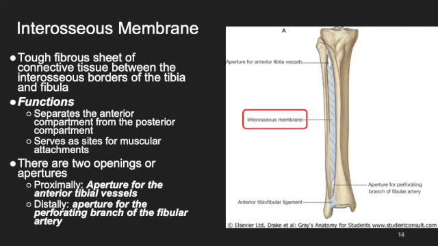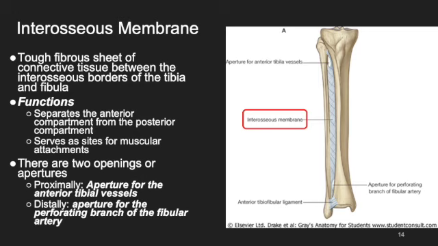Moving on to the interosseous membrane, again, it says what it is. It's a membrane between two bones. What it does is it serves a couple different functions. One function is that it serves as a site for muscular attachments. The other function is that it separates out something called compartments, and we're going to get into compartments a little later.